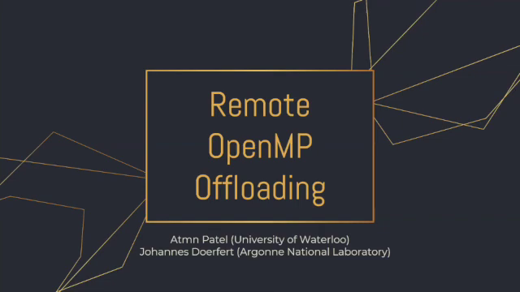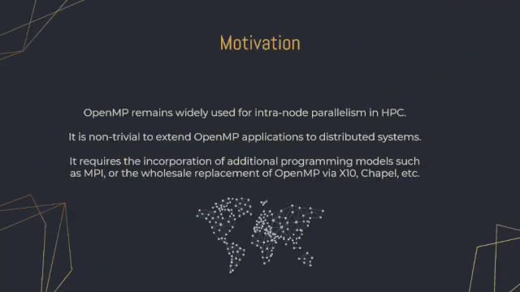The motivation behind our work was that OpenMP remains very widely used for intranode parallelism in HPC. Containers are coming along, but in terms of portability and the level of abstraction that OpenMP can provide, it still remains fairly well used. But a problem that we noticed is that when people want to extend OpenMP applications to distributed systems, it gets a bit hairy.